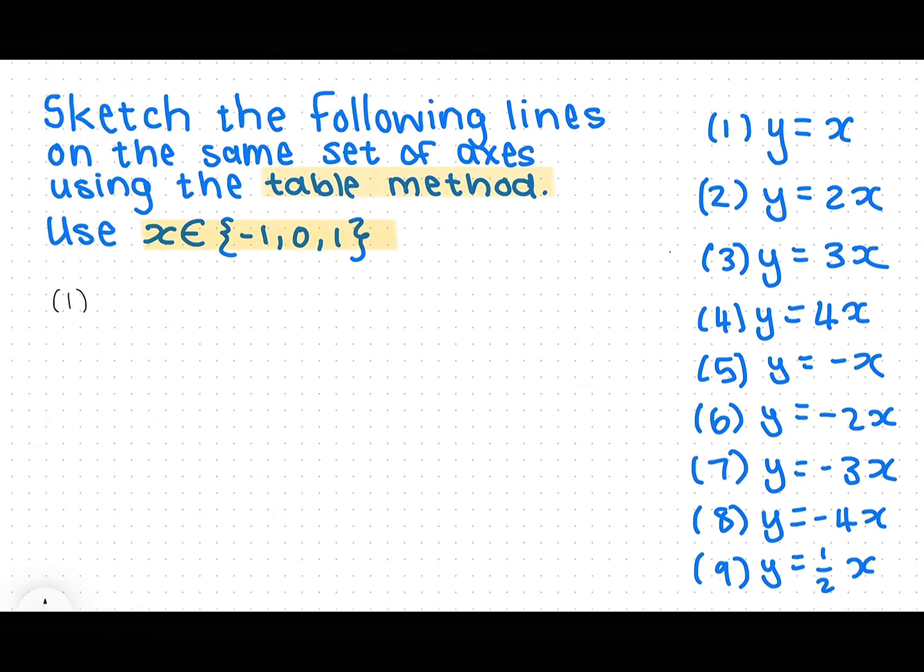To do this exercise, I'm going to label each of the lines as per their number and equation, and then I'm going to construct a table of x and y values from the domain -1, 0 till 1, where x is our input values and y is our output values.